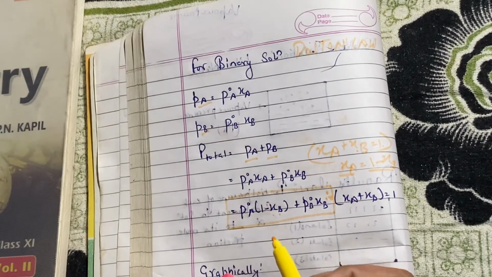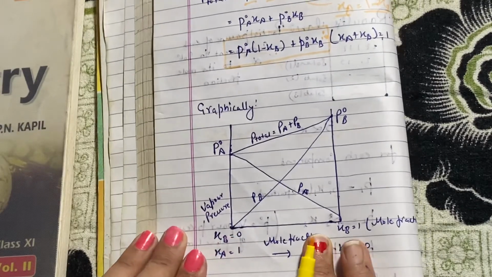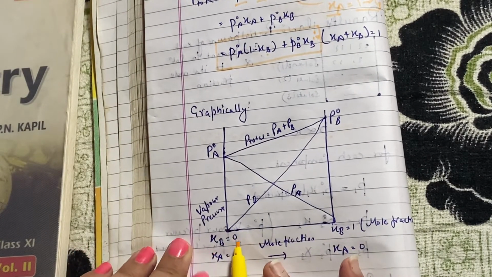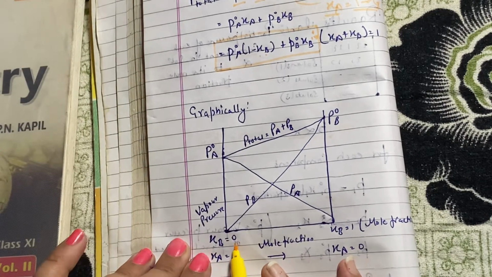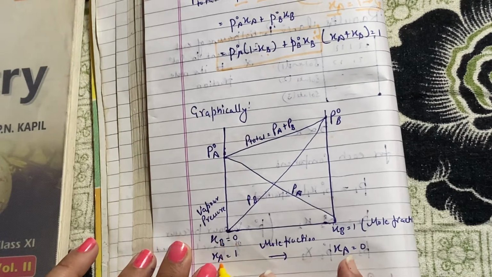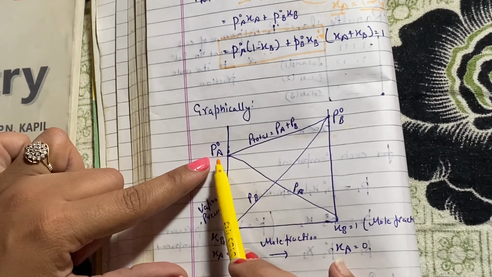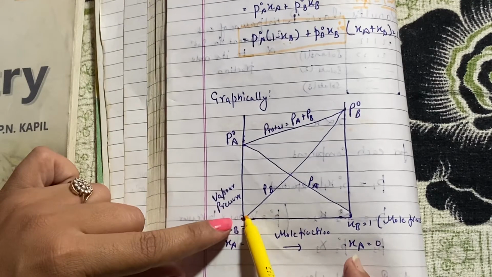I think you understand. Next, how will we describe it graphically? If mole fraction XB is equal to 0 and mole fraction of XA is 1, then obviously the partial pressure of component A will be high and that of component B will be 0.